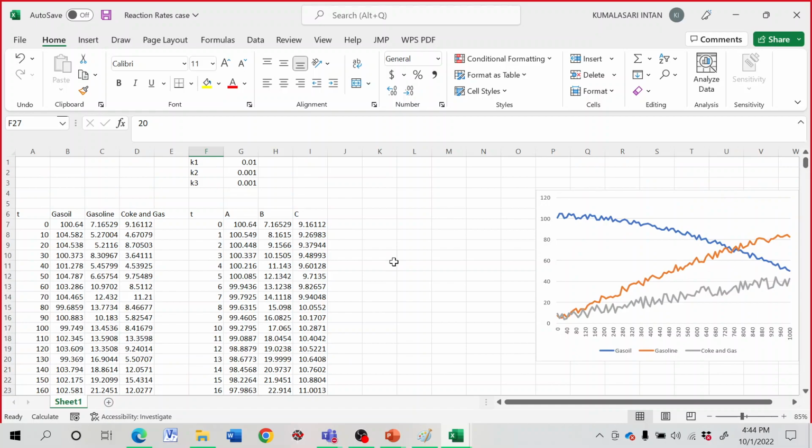So how do we do that? Let me think. So the A data, B data, C data.